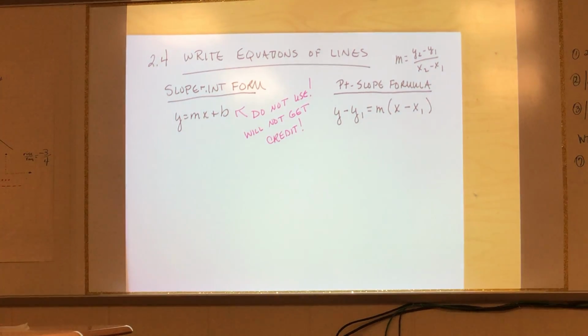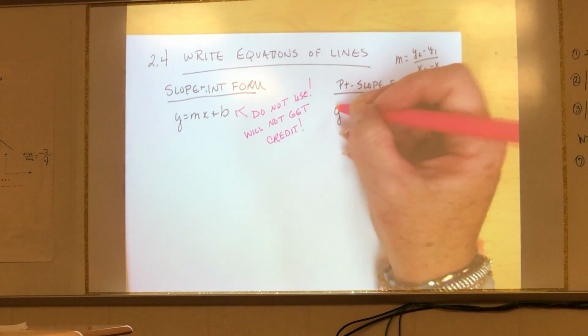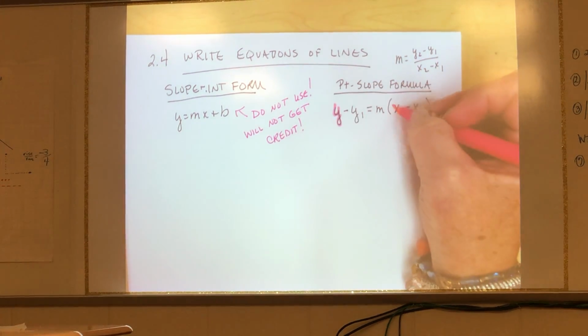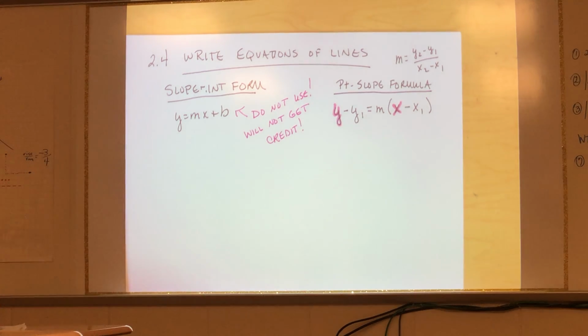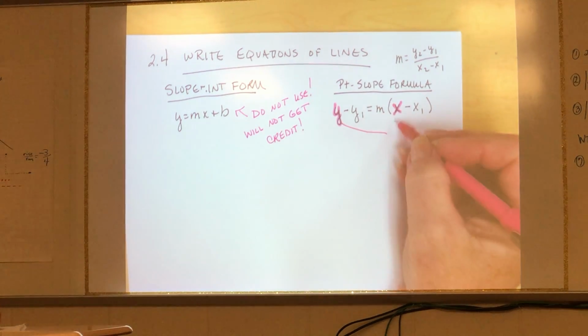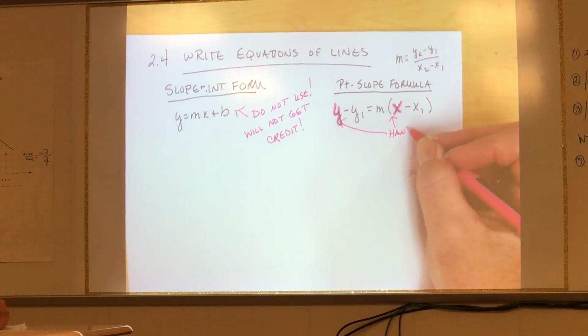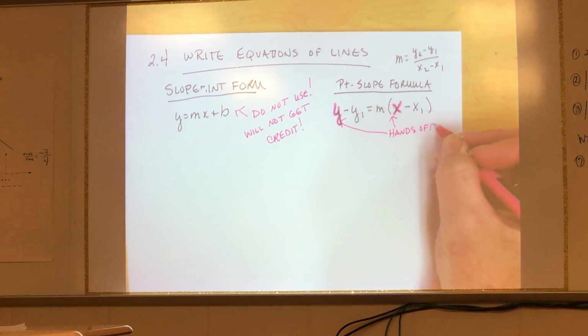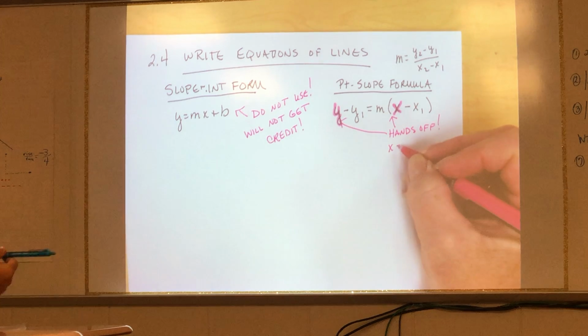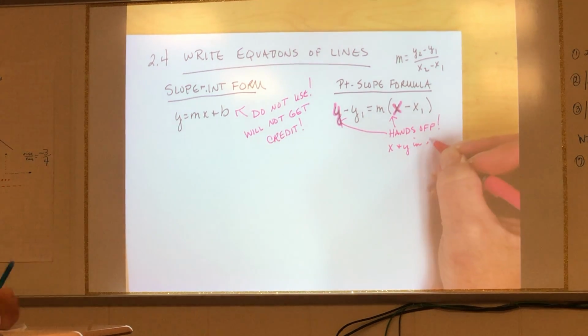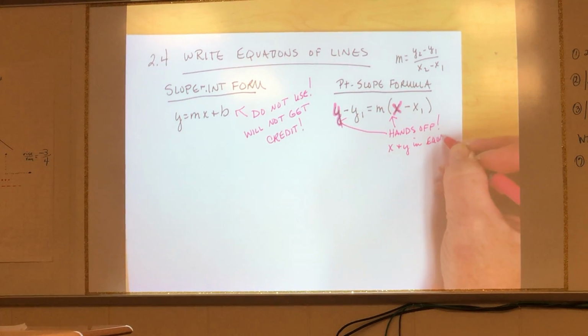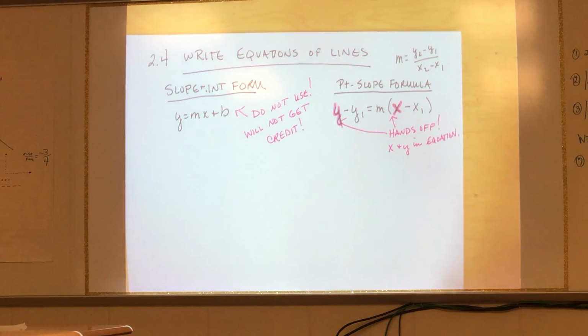Okay? So the first thing that I want to tell you is that this y right here and this x right here, hands off. They are the x and the y in your equation. So you're not substituting anything in for those.